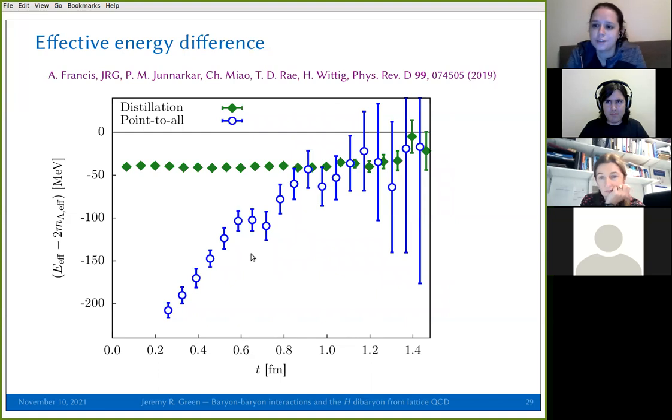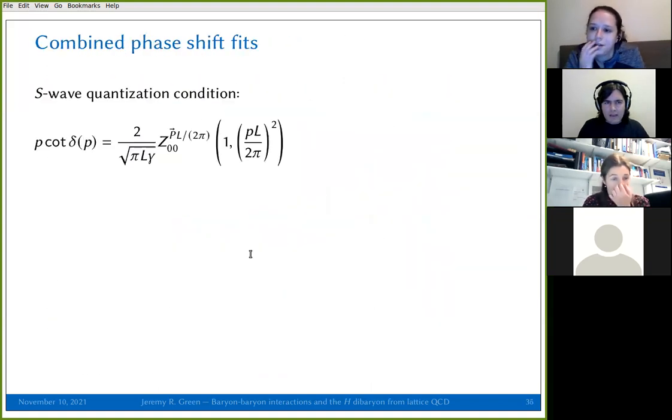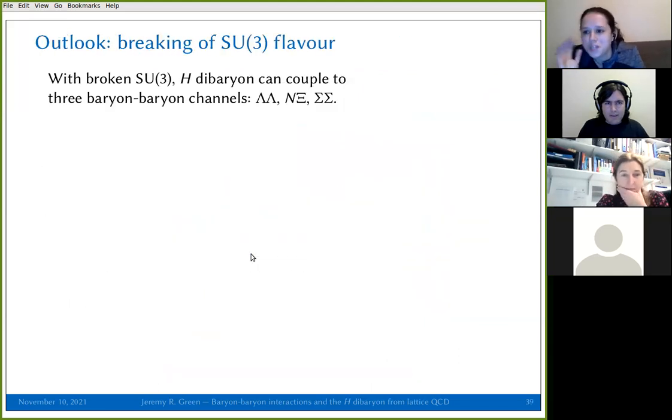Any more questions? Can you say something about when you break SU3 symmetry? You mentioned that it was presented in a conference, so you made some progress on this? If you can say a few words.